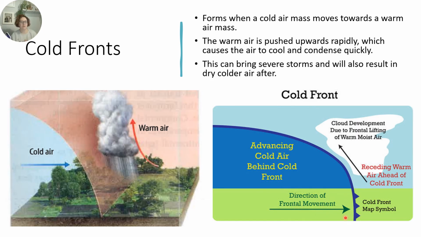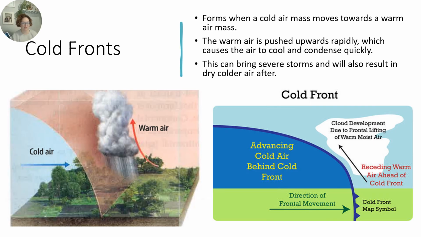If everything's moving in this direction, you have the warm air, the cloud development due to the frontal lifting of the warm air, fancy terms for just forcing it upward, and then the advancing cold air coming in behind it. In this case, the cold air is typically moving a little bit quicker than the warm air, and that's why it can push it upward to form those clouds.